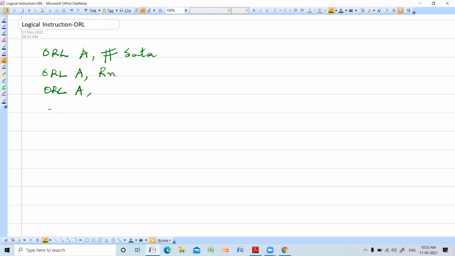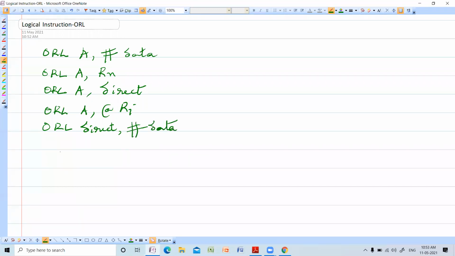ORL A, direct. ORL A, @Ri. ORL direct, hash data. ORL direct, A. So these are the total 6 options, 6 types of usage of the OR instruction.